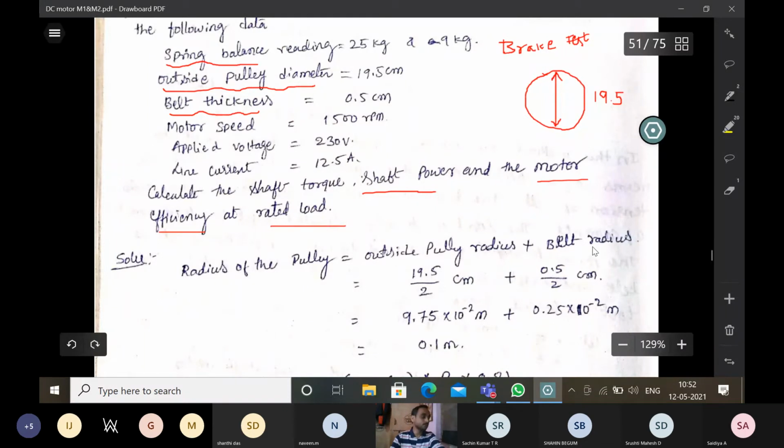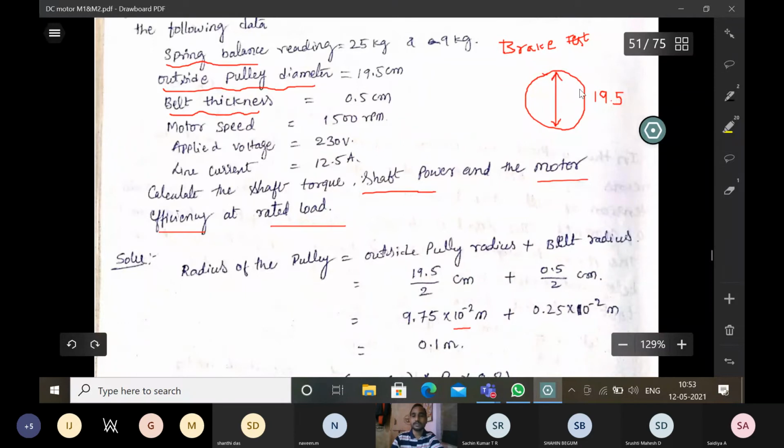Next, what is the belt radius? 19.5 by 2 is 9.75 centimeter. So convert centimeter into meter, multiplying by 10 raised to minus 2, that is divided by 100.